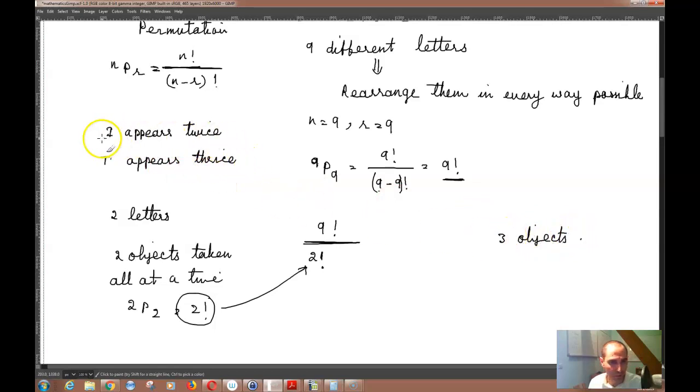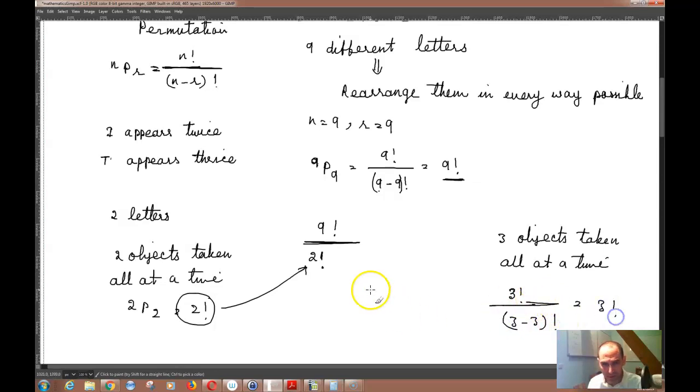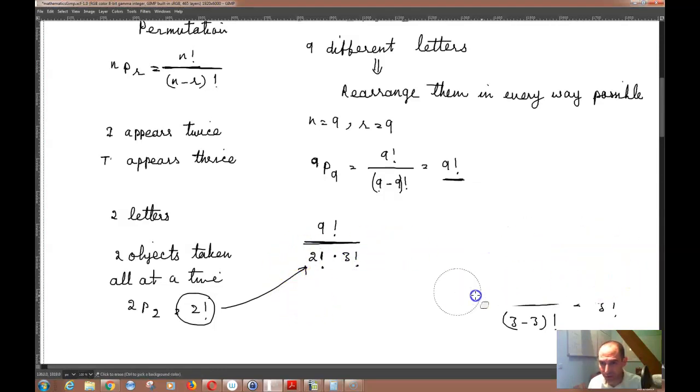So the permutation of this T would be 3 objects taken all at a time, which is the same thing as 3 factorial over 3 minus 3 factorial, which is the same thing as 3 factorial. So I have to multiply by 3 factorial as well.